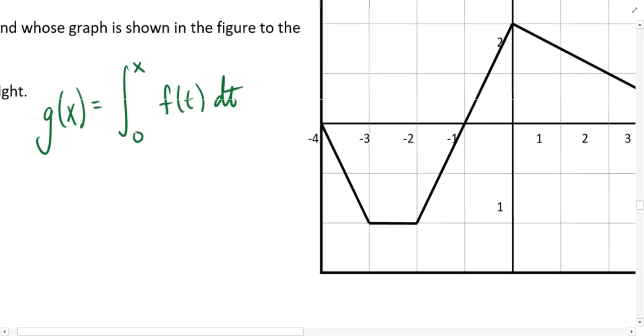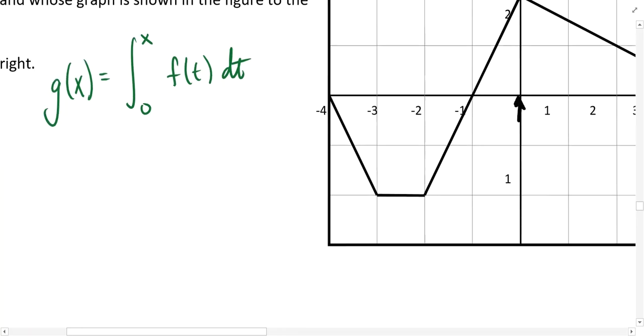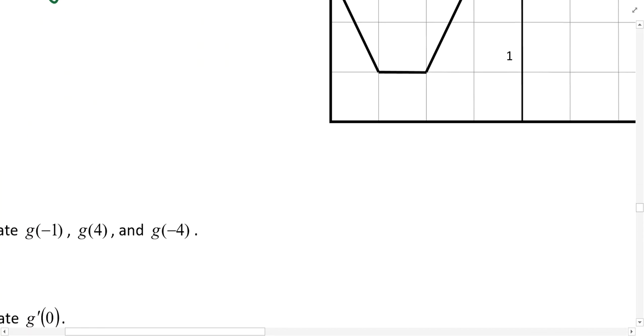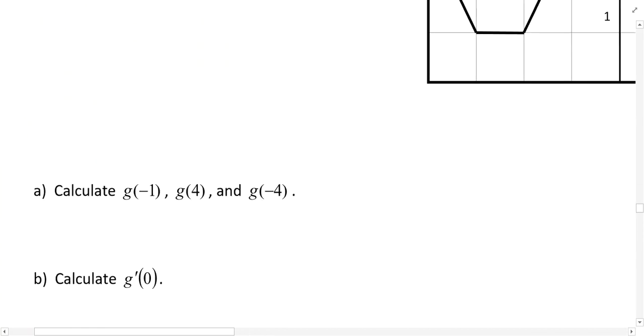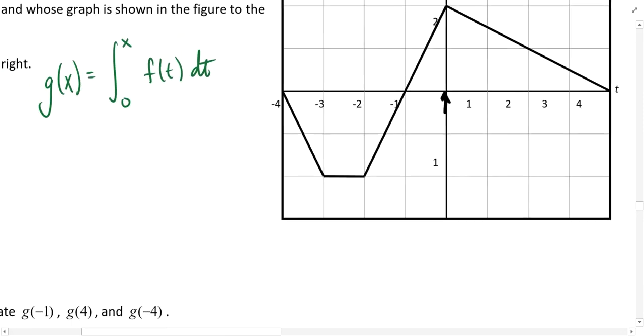And if you recall, what we're saying is that this new function g of x is dependent upon the area that's calculated based on the function f on the right-hand side, starting at position 0. And so the question goes on to ask us to evaluate g at -1. Well, I'll just go ahead and calculate it here so that it's all in one window.